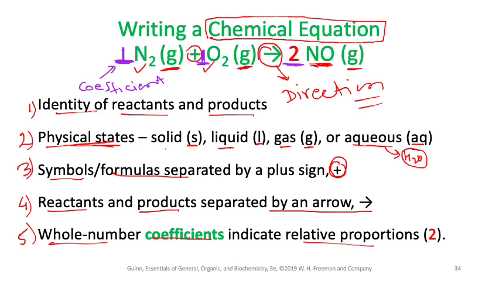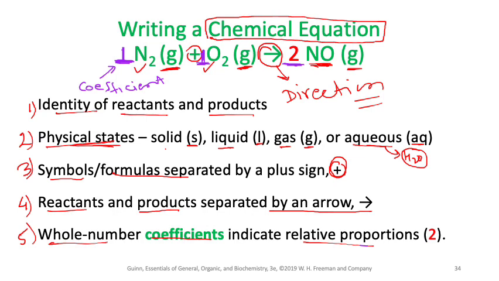So the coefficient normally tells you the relative proportion. That means if one molecule of N2 gas reacts with one molecule of oxygen gas, I can get 2 molecules of nitrogen monoxide gas. This gives you the relative proportion, the ratio, so make sure you know this.